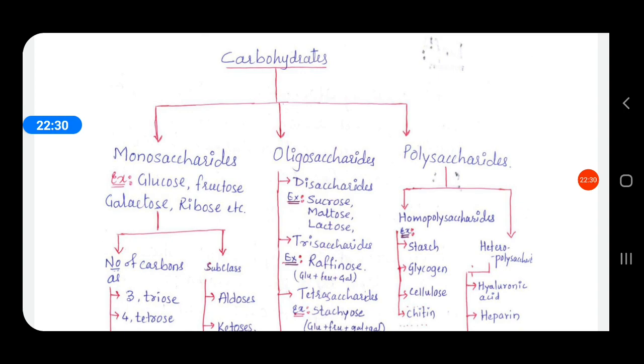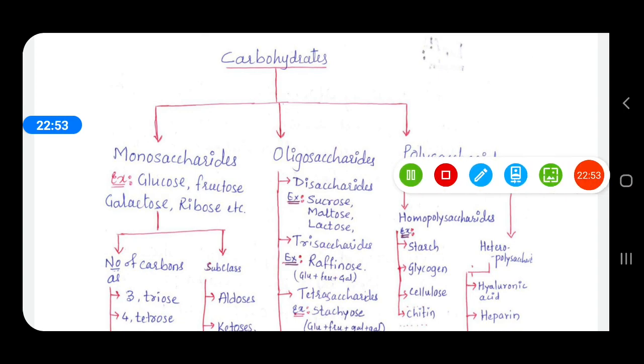Reducing sugars means those which reduce other substances. For example, when the carbohydrate is treated with Fehling solution, which contains copper ions Cu2+, it reduces the copper ions from Cu2+ to Cu+.